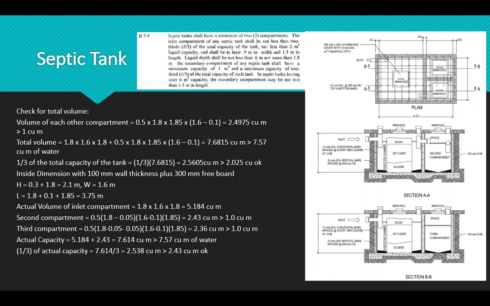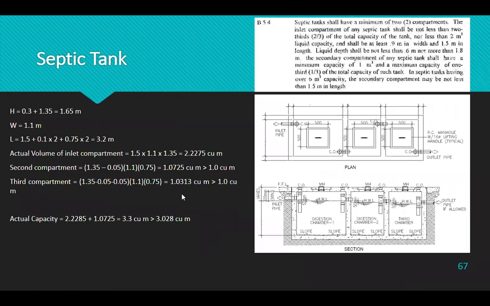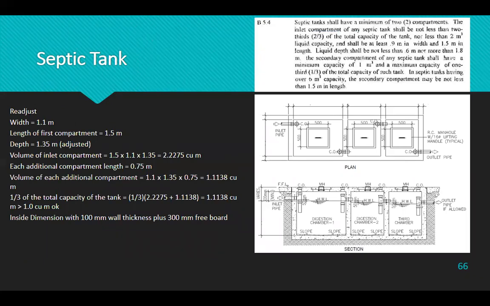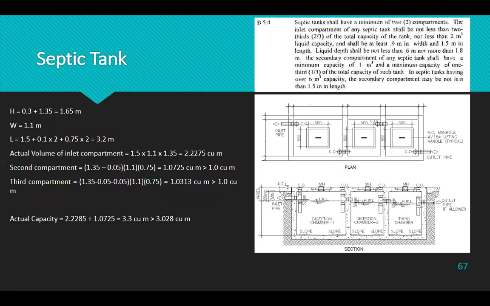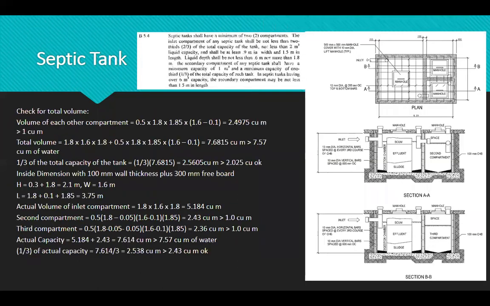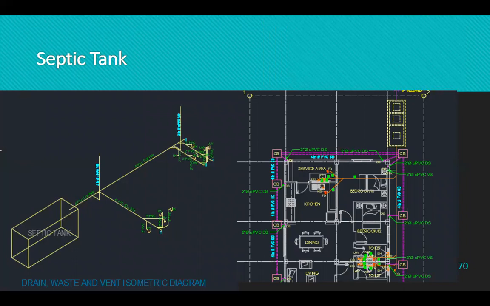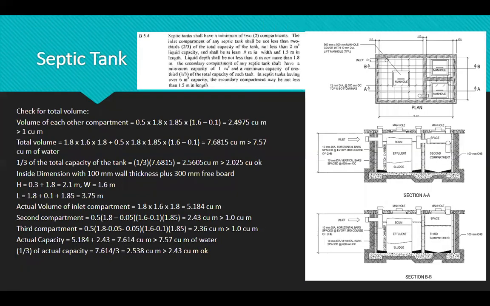Kasi dapat doon hindi siya lumampas ng 1/3. So hindi nga siya lumampas.